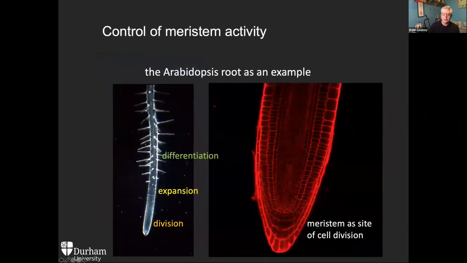Anyway, we're interested in the way in which the meristem is both constructed and functions. What's interesting in this root, this is an Arabidopsis root, is that you've got this linear arrangement of processes that normally occur across time.